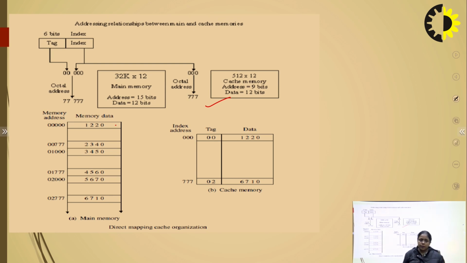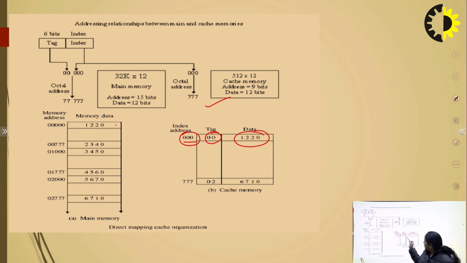Now if the value of the tag bit is 00, this is the index 000 in the particular CPU address, and then we will find the 00 tag bit. If the tag bit of the CPU address is again 00, then we can say that the data is matched and this is the required data the CPU is requesting.